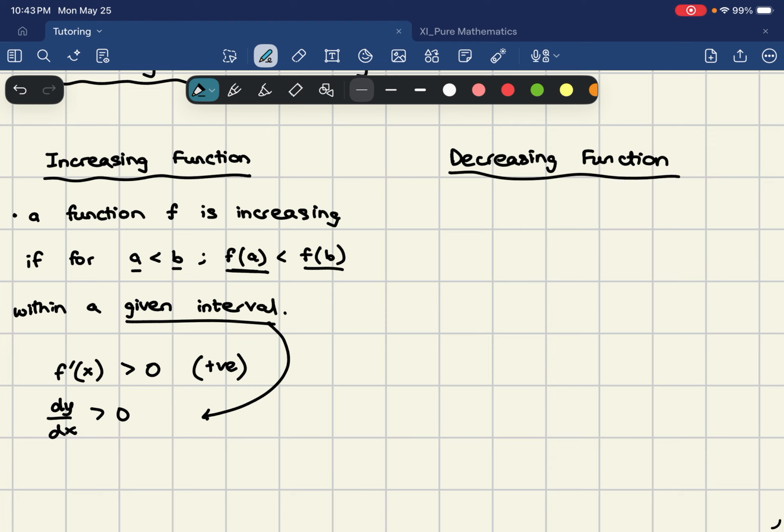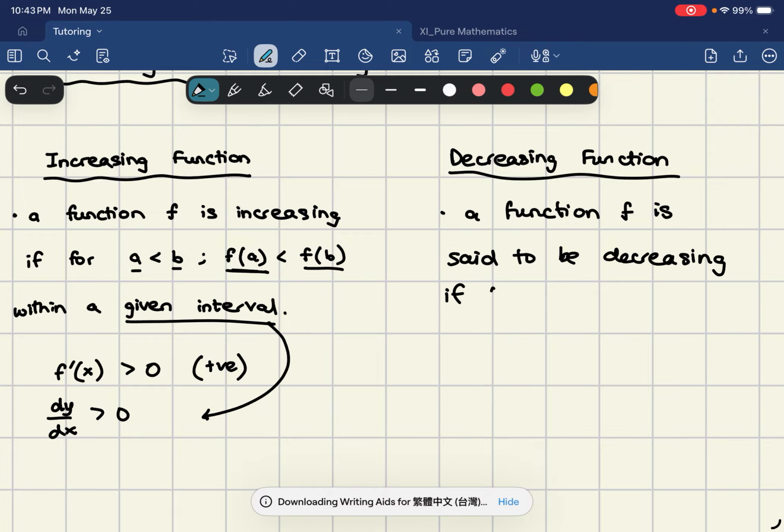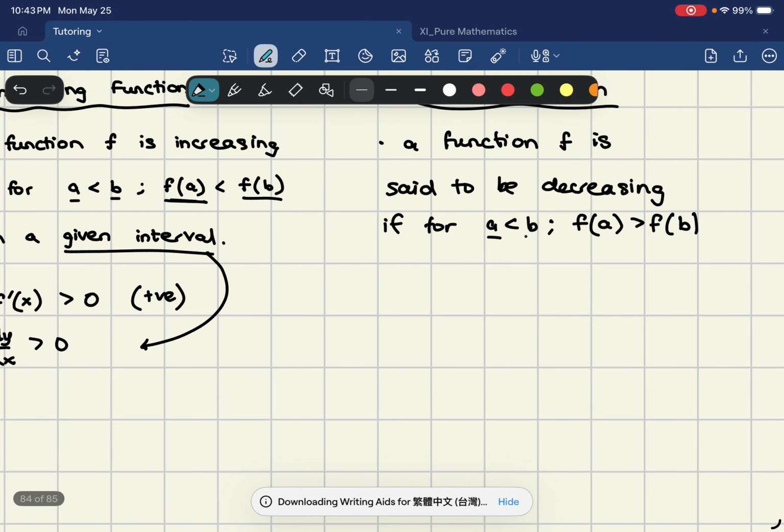For a decreasing function, a function f is said to be decreasing if for a less than b, f of a is bigger than f of b. So you put a smaller value, right?